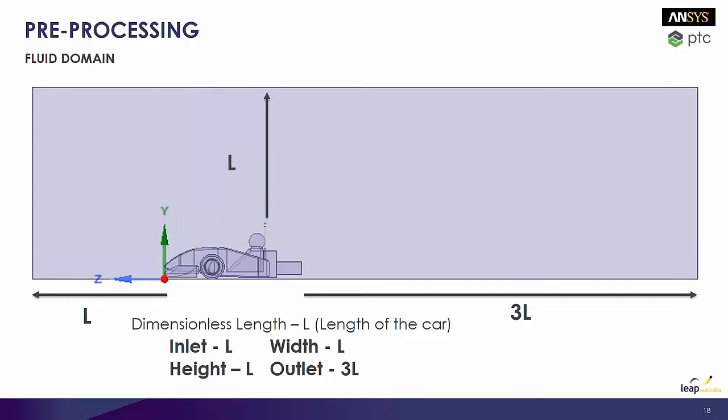All of these, again, will help when it comes to convergence. For your reference, the inlet, the width, and the height are, in this particular case, around 1 car length away, and the outlet is around 3. So the outlet is far enough to resolve the wake, which again makes convergence faster.